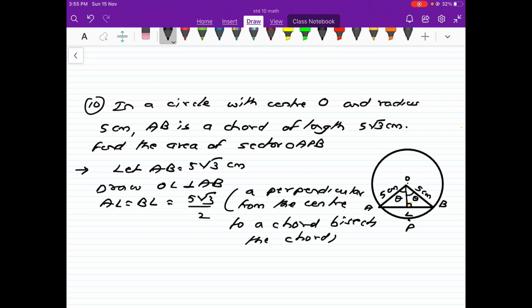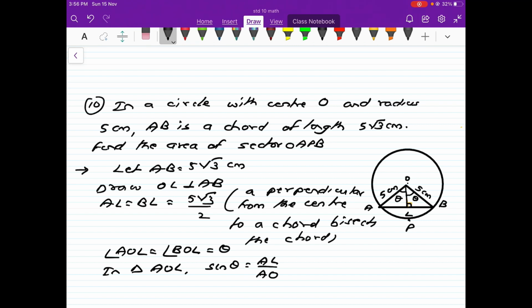Now it also bisects the angle. So angle AOL is equal to angle BOL is equal to theta, because the angles are also bisected. Now we'll take only the small triangle AOL, and sine theta is equal to opposite side upon the hypotenuse.